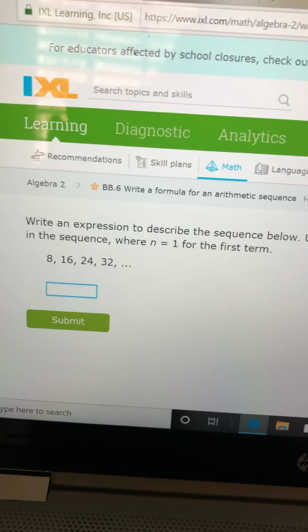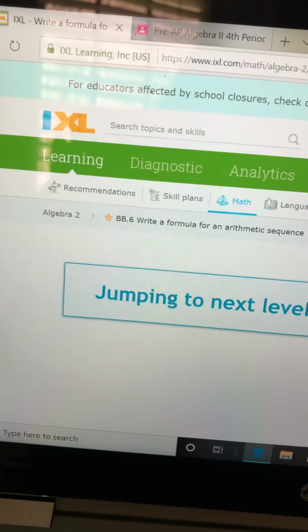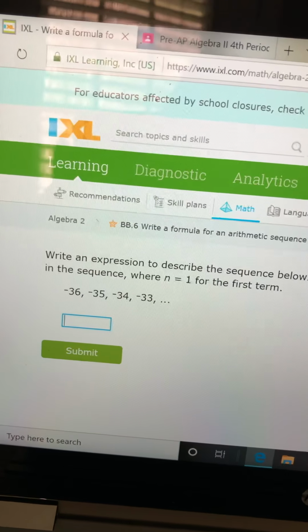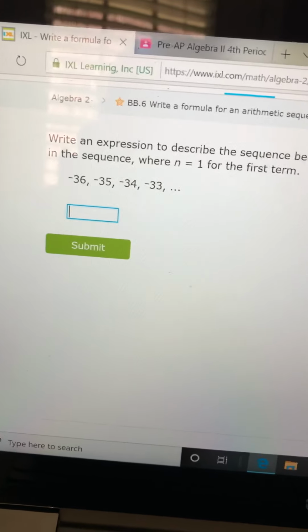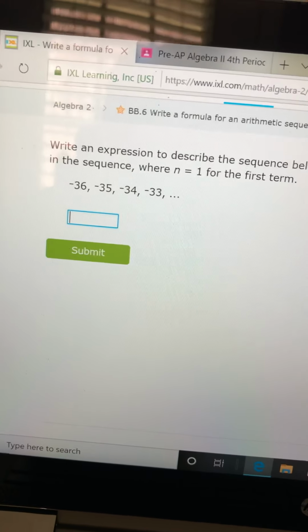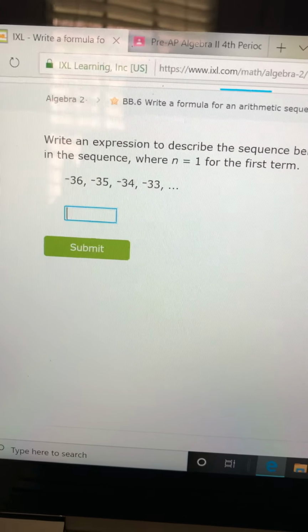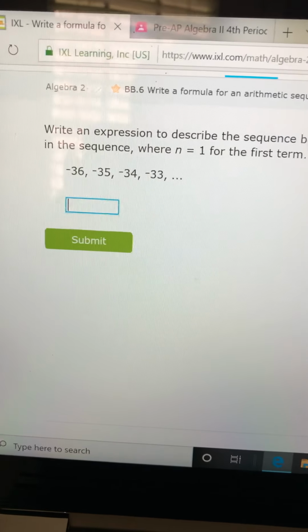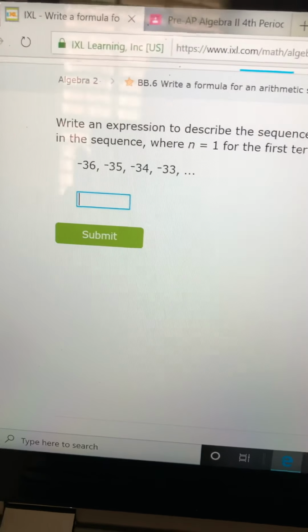Okay, let me jump ahead because it's the same stuff over and over here. See if they get harder. This is a new level. All right, the very first number is negative 36 plus n minus 1 times. It looks to me like it's increasing by 1, and it'll be positive 1, because if you go from negative 36 to negative 35, that's a positive 1 increase.